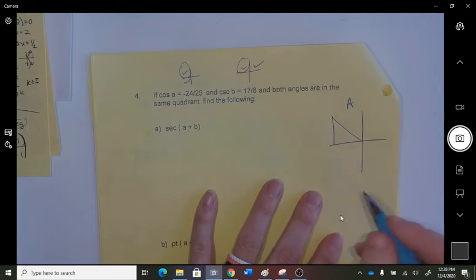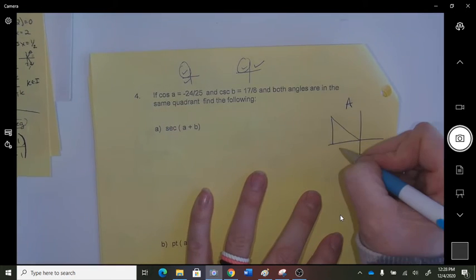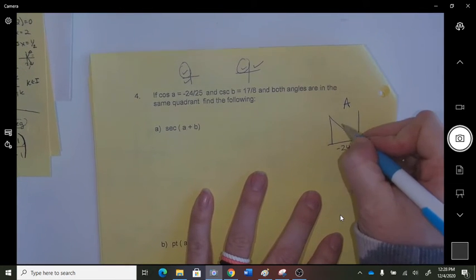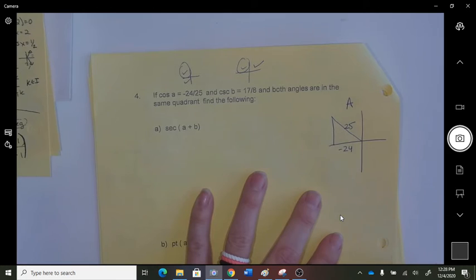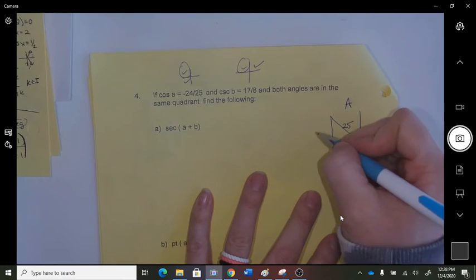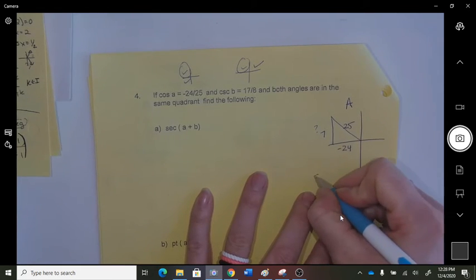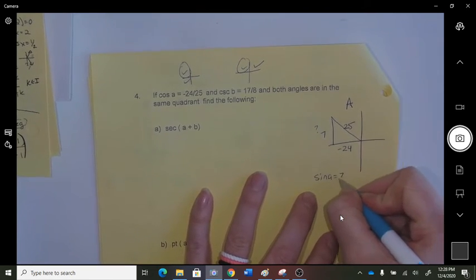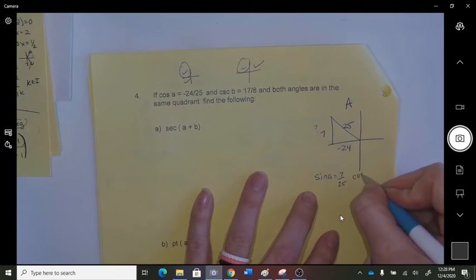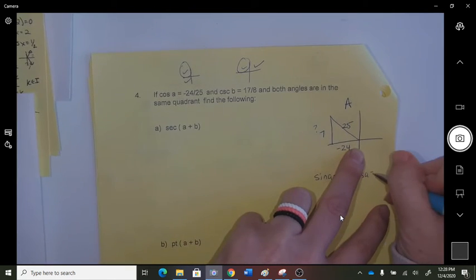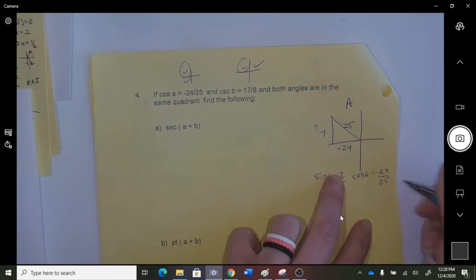Okay, so A, I've been given a cos, so here's an x of negative 24 and an r of 25. And I need to solve for this, so y is 7. Pythagorean theorem. So sine of A would be 7 over 25, and cos of A is negative 24 over 25.